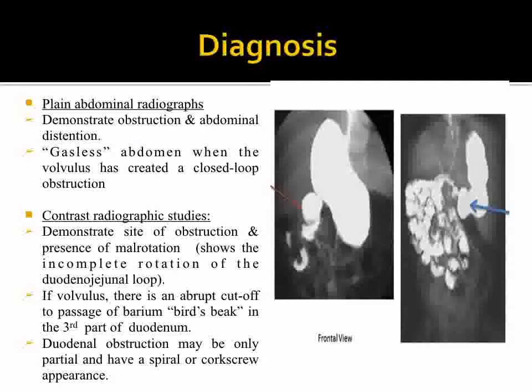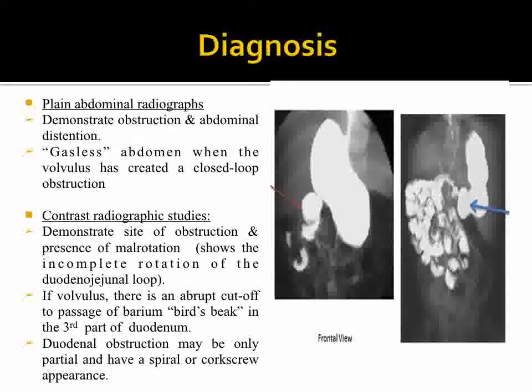In malrotation, there is loss of the C shape of the duodenum, meaning that the duodenum will be straight, moving to the right side of the vertebral column. It will not take its normal C shape.